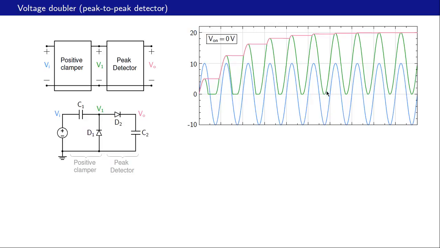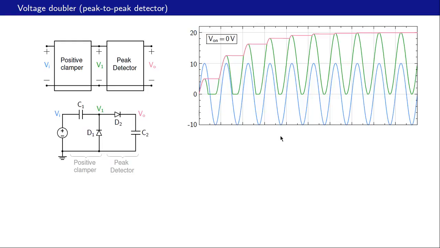So it goes from 0 to 2 Vm if the input goes from minus Vm to plus Vm. The peak detector simply detects the peak of this green waveform, which is V1, and the peak is this level here, and that is 2 times Vm, or 2 times 10 in this example, which is 20 volts.